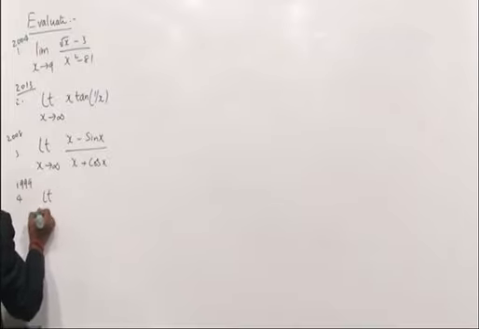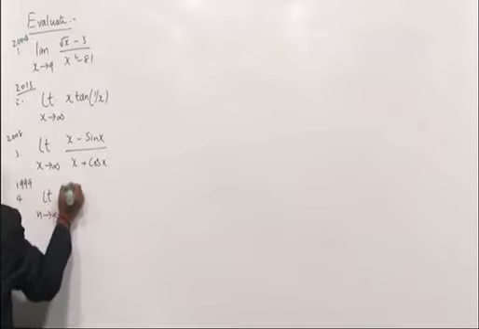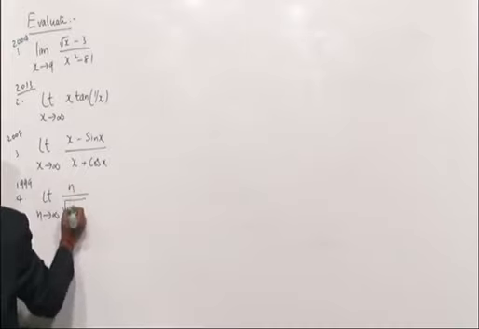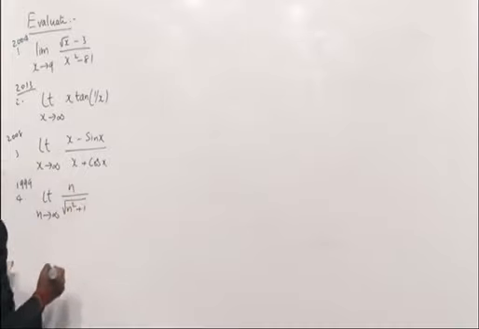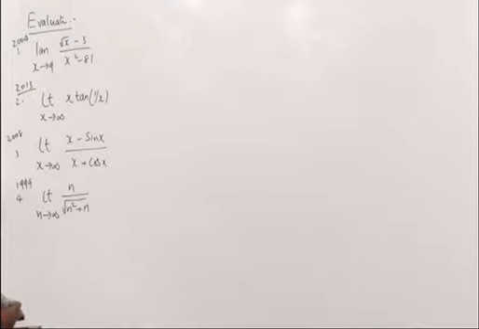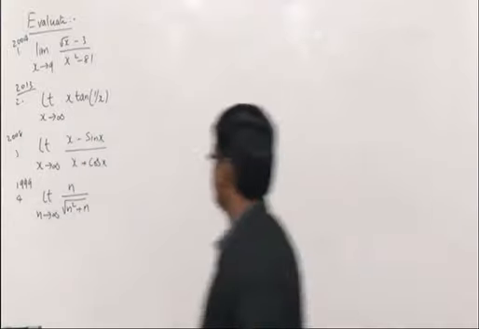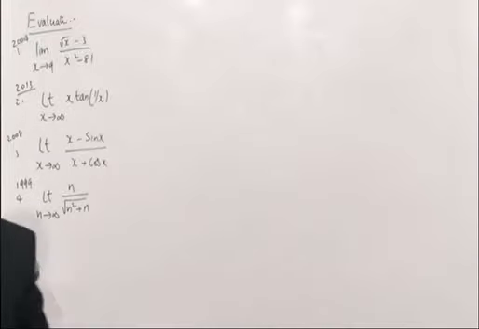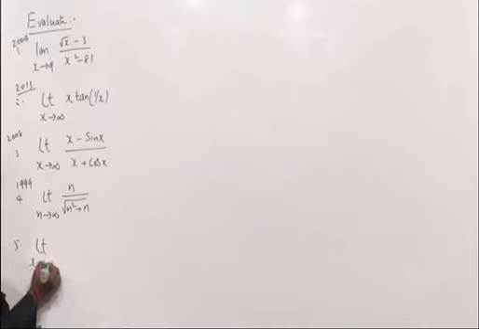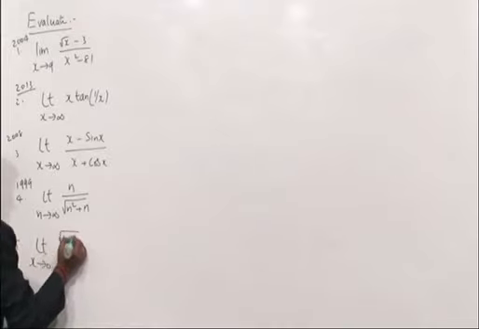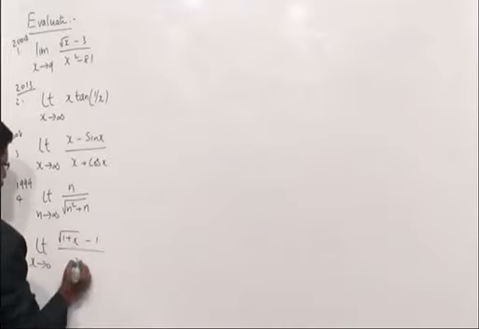Limit n tends to infinity, n by square root of n square plus n. 5. Limit x tends to 0, square root of 1 plus x minus 1 by x.